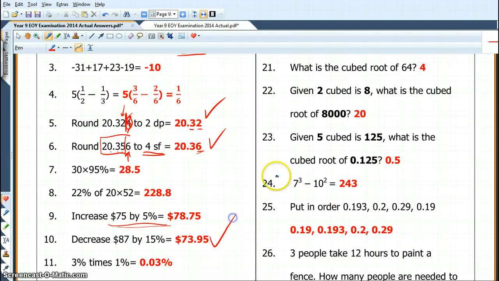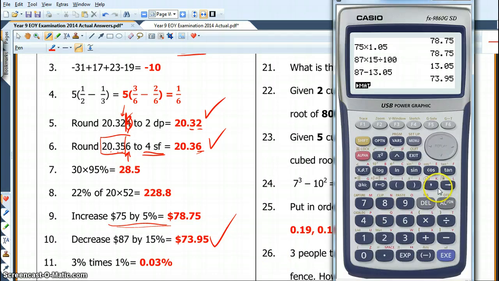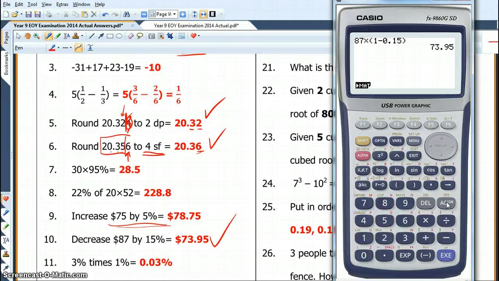But the cheats way would be to go 87 times, and if I knew that 1 minus 0.15 is 15%, I can actually do it straight. That's kind of like, if you really get it.